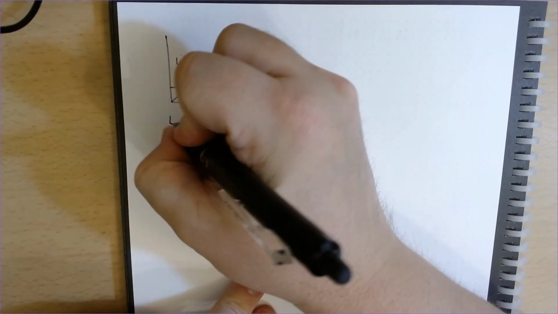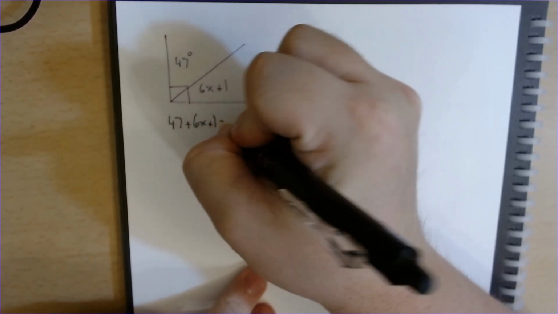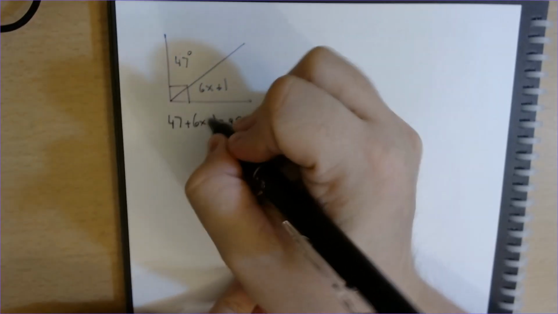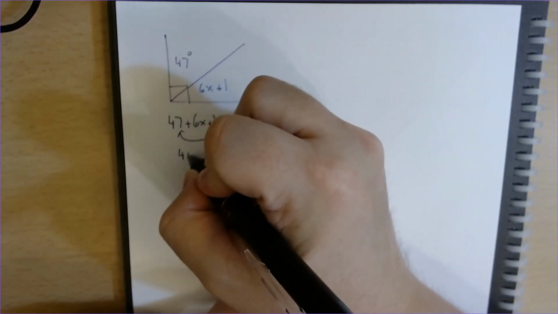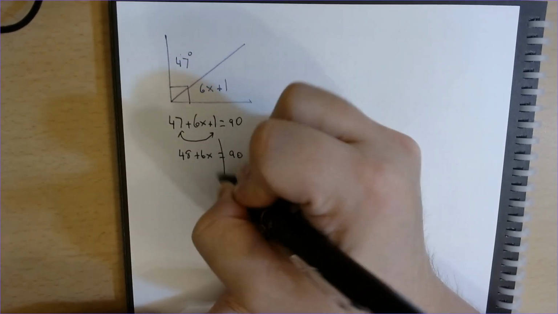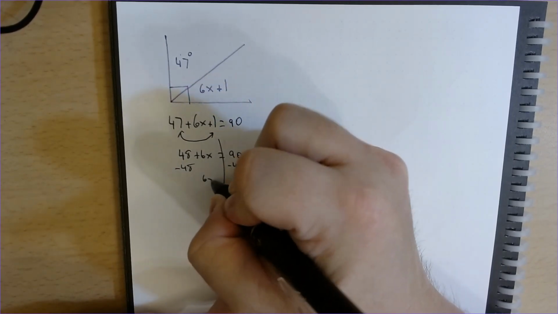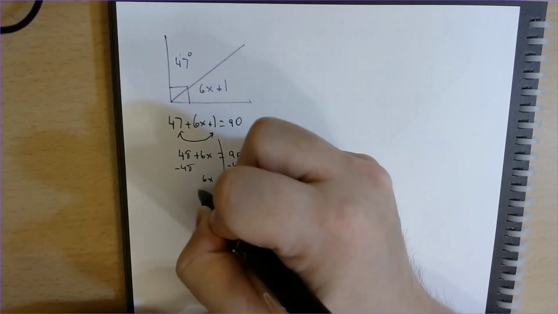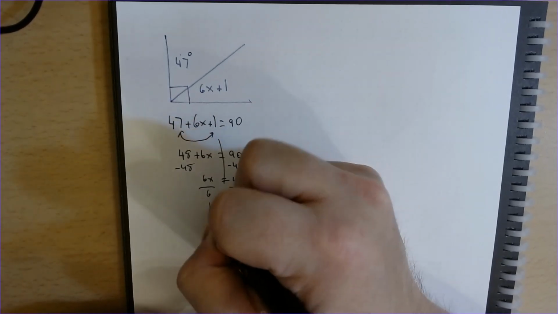So then you can do 47 plus 6x plus 1 equals 90. Combine your like terms. So this and this together makes 48 plus 6x equals 90. And now we're just solving a two-step equation. 6x equals 42. Divide by 6, x equals 7.